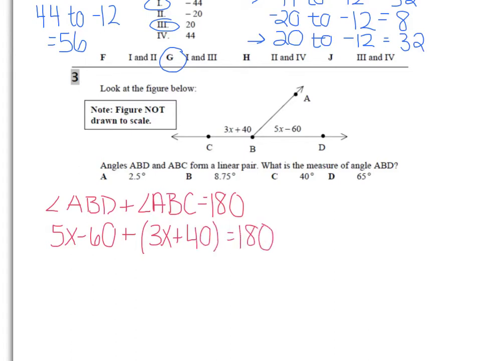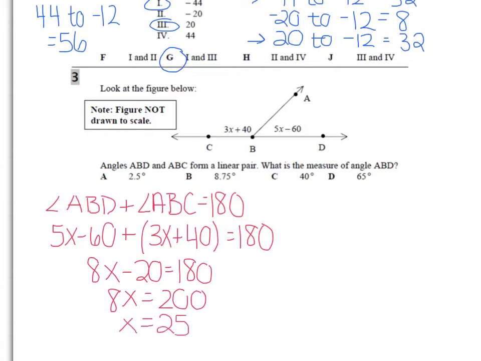So 5x plus 3x, we're going to combine like terms. 5x plus 3x is 8x, and negative 60 plus 40 is negative 20, and that equals 180. If I add 20 to both sides, 8x is going to equal 200, and then when I divide by 8 on both sides, I get a value of x equals 25.